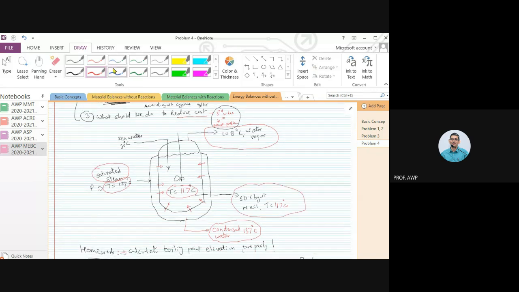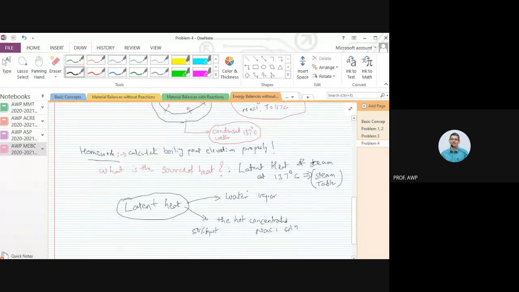So if you take the reference condition for the salt solution as 30 degrees centigrade, this will have zero enthalpy. Right? Then we can find out the enthalpy of this water vapor at 117 degrees centigrade, assuming the boiling point is 117 degrees centigrade, and the enthalpy of this 50% by weight sodium chloride solution.